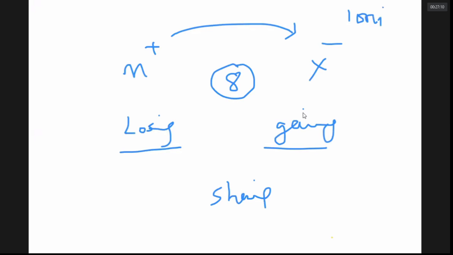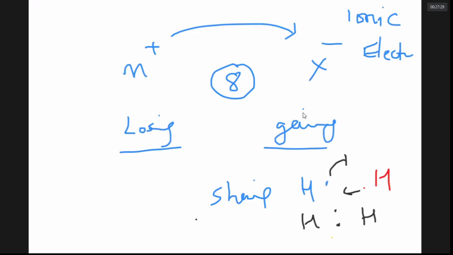If you are looking at hydrogen, hydrogen has one electron, another hydrogen has one electron. No hydrogen can take away an electron from the other hydrogen. So they compromise and share this electron pair. This gives one electron, this gives another electron.